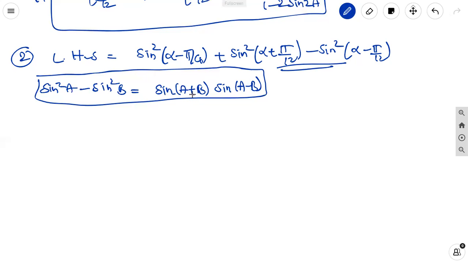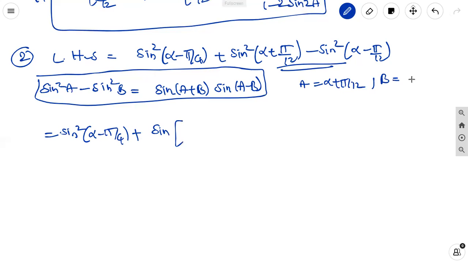Okay. Here, the LHS is the first term. We can write it as the same, sine square of alpha minus pi by 4, plus, A is equal to alpha plus pi by 12, B is equal to alpha minus pi by 12. A plus B is equal to 2 alpha, as pi by 12 gets cancelled.